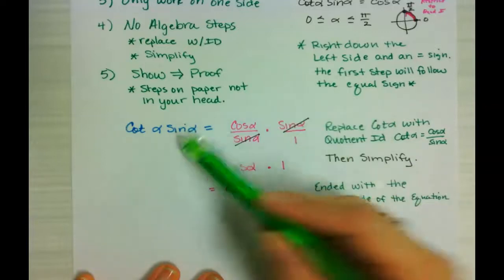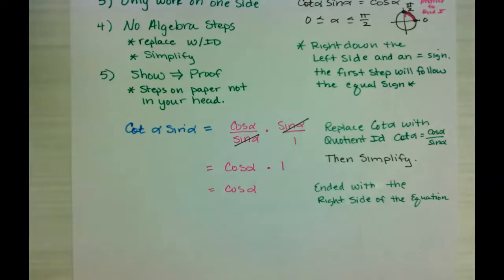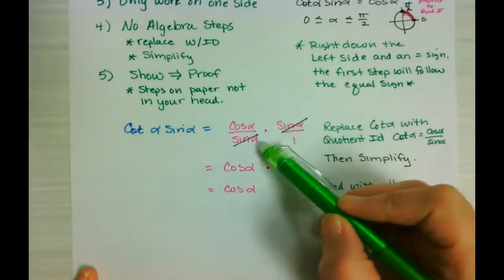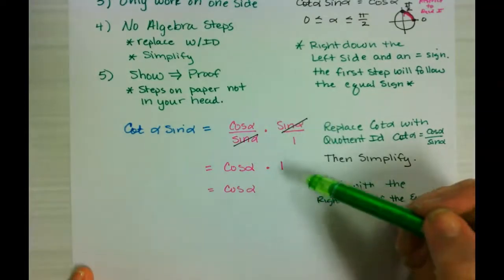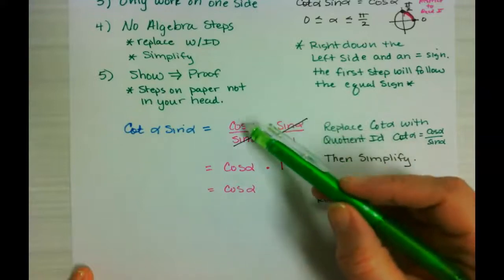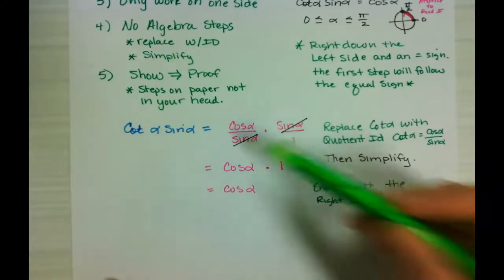And then I still have this sine alpha over 1 here. Well, in simplifying, just like we do other ways, if we have a numerator with a denominator that they can simplify, I can mark it out. If you were doing a proof, then when we get into proofs in chapter 5 more, you would have to rewrite this, show that it's something divided by itself, and do some of those things that you can just kind of know when you're simplifying.